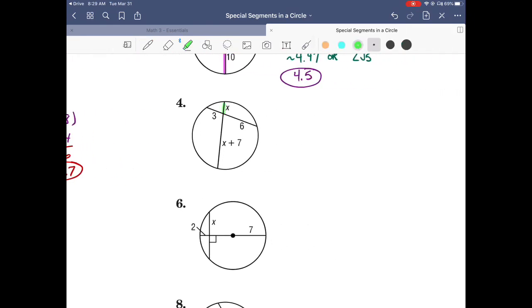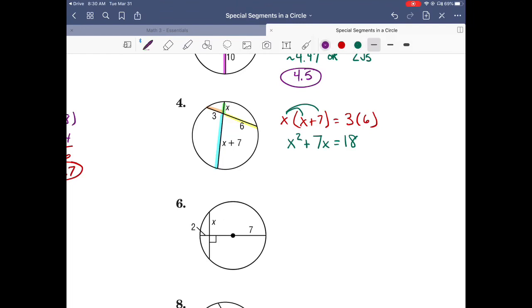Okay, x times (x plus 7) equals 3 times 6. Of course, we're going to have to distribute because there's a set of parentheses. x times x is x squared. 7 times x is 7x equals 18.